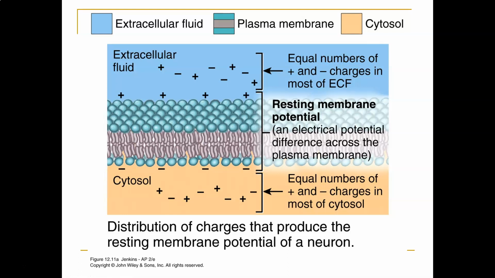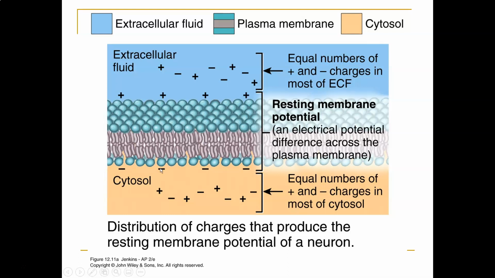And in the big picture, there is no charge difference. In other words, our body fluids aren't electrically charged, where the inside and the outside have a different charge to them. However, if you look just at the membrane, and this is true for all cells, you notice from this picture that the outside of it is more positively charged than the inside.